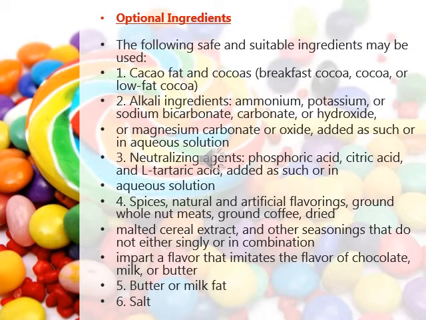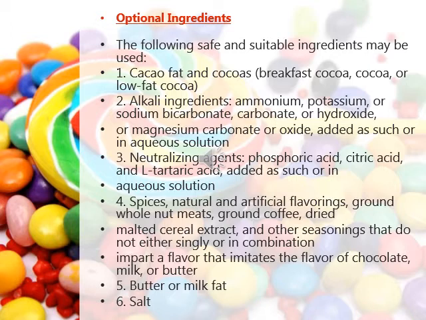Optional ingredients. The following safe and suitable ingredients may be used. Number 1, cocoa fat and cocoa, breakfast cocoa, cocoa or low-fat cocoa. 2, alkali ingredients: ammonium, potassium or sodium bicarbonate, carbonate or hydroxide, or magnesium carbonate or oxide, added as such or in aqueous solution. 3, neutralizing agents such as phosphoric acid, citric acid, and L-tartaric acid, added as such or in aqueous solution.